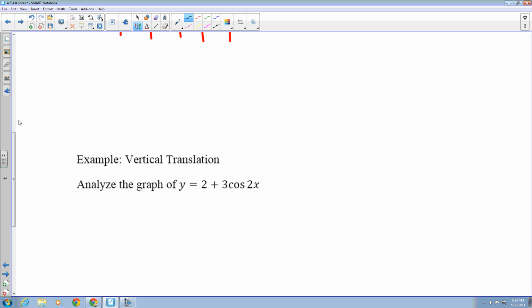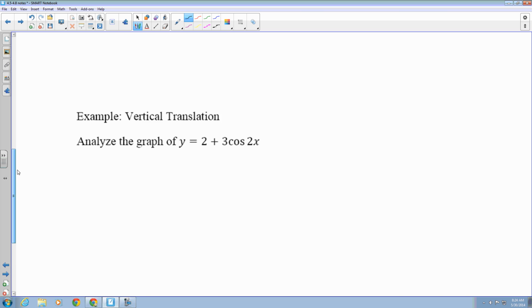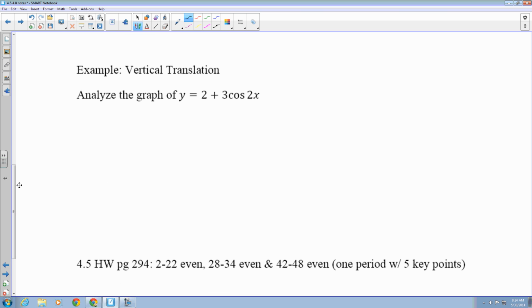And then my last example, instead of a horizontal translation, I have a vertical translation. Vertical translations occur when there's a number added or subtracted outside of the entire function. So that's this 2. We have 2 plus the entire function. That 2 is a vertical shift. So I need to figure out what my period is. So I see that b, so I do 2 pi over b.